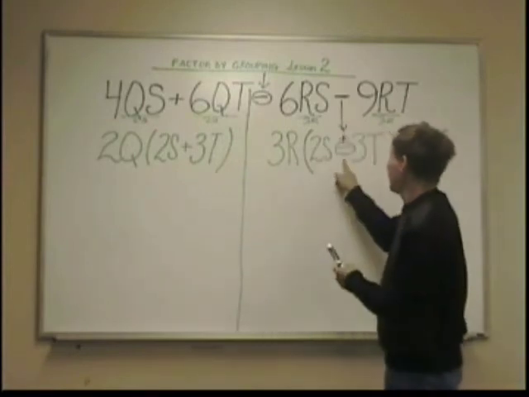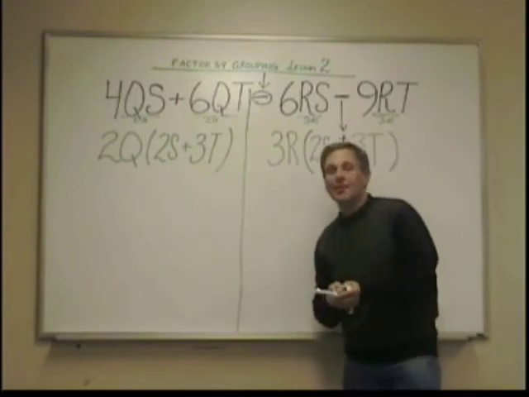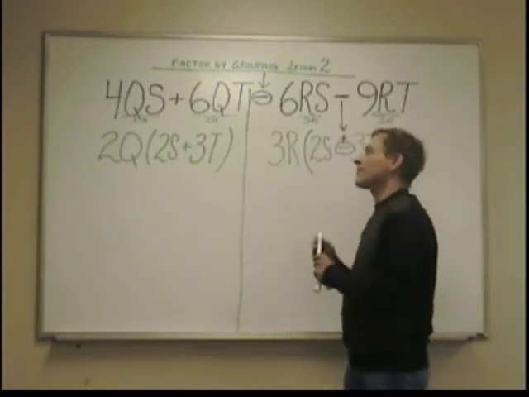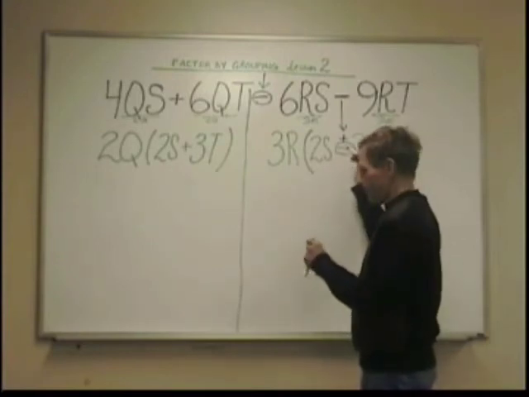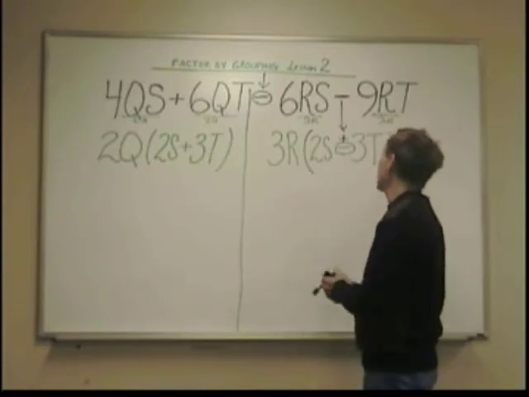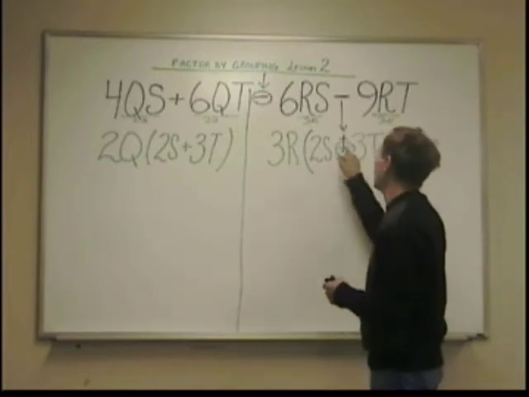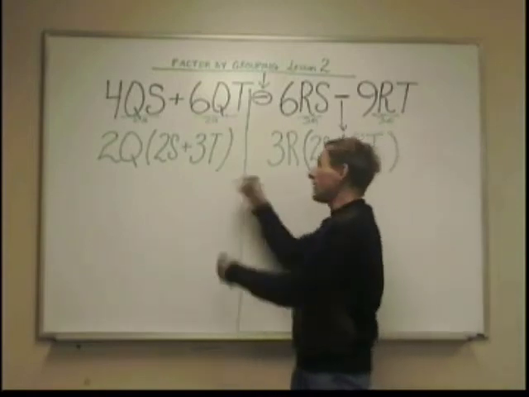Now, in this case, it worked out to be a negative, but because the center sign was negative, and only when that center sign is negative, this sign will change. So it becomes positive, and I have 2s plus 3t, not minus. It changes to the positive sign. So the insides match.